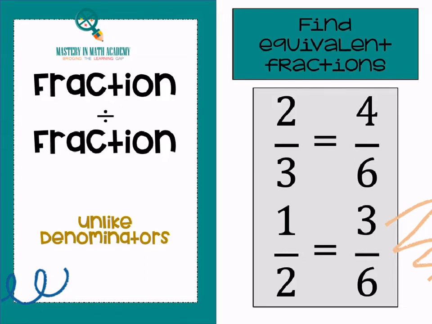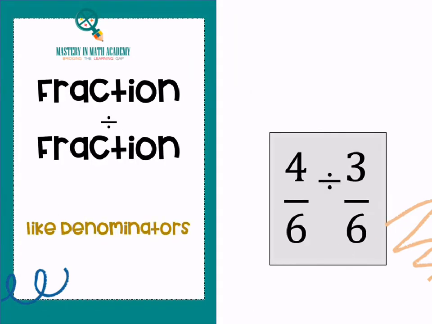Remember, the reason why we're doing this is so that we can have the same denominators. If your denominators are the same, then you can just go ahead and work the problem out. You have 4/6 divided by 3/6. Your denominators are the same.